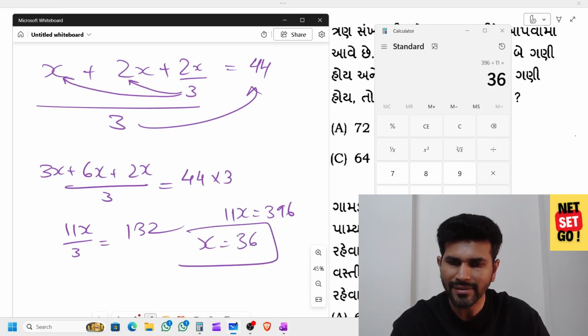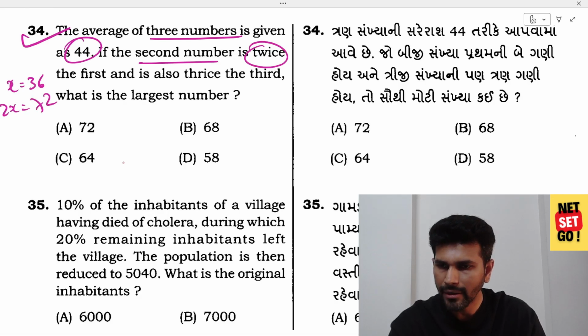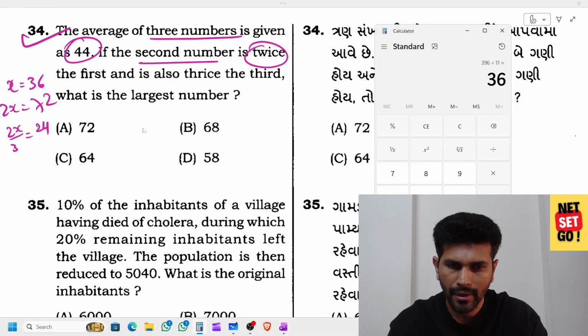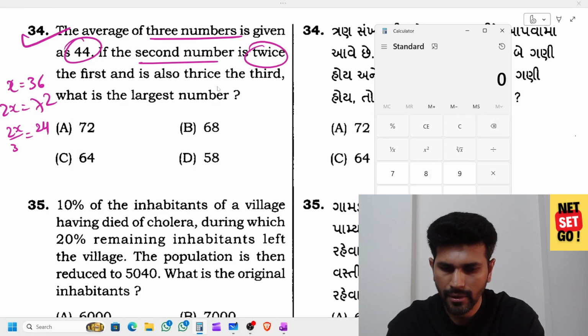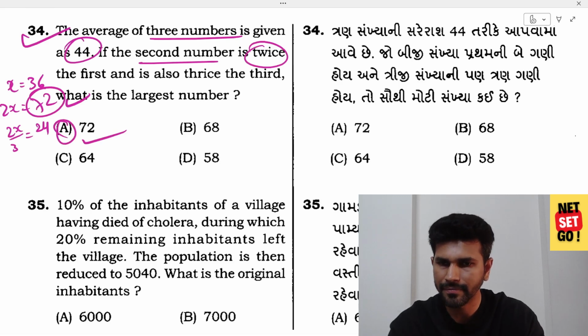So if x is 36, 2x will be 72 and 2x divided by 3 is 24. 72 divided by 3 is 24. So largest number is 72. Option A is correct answer.